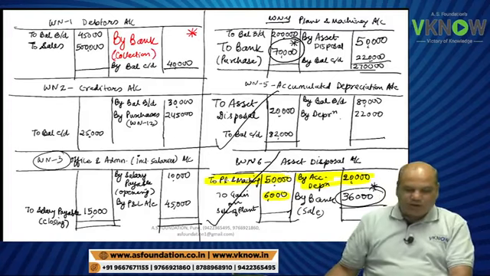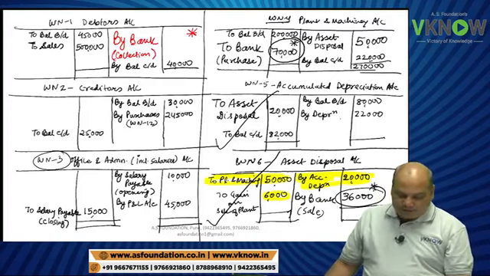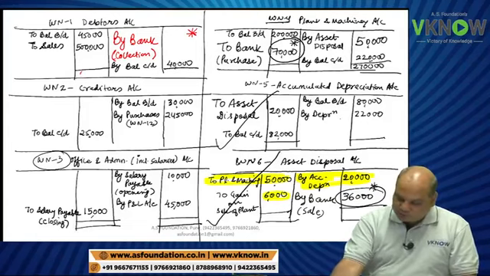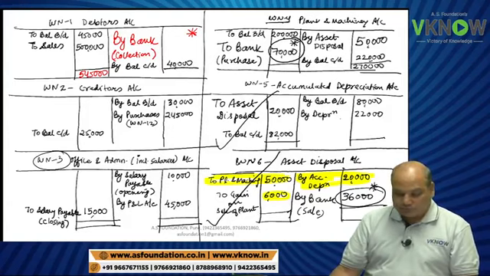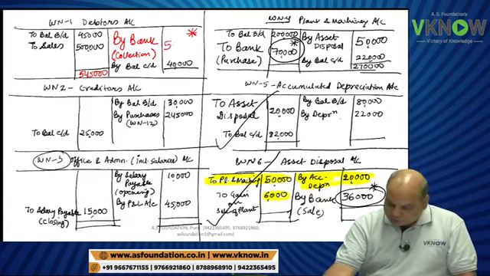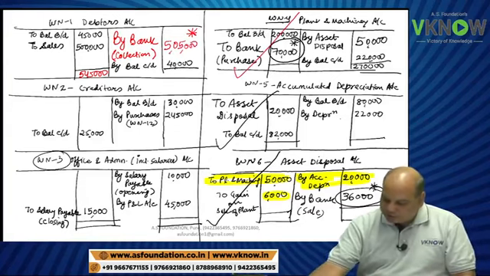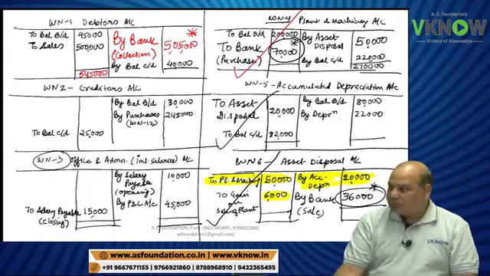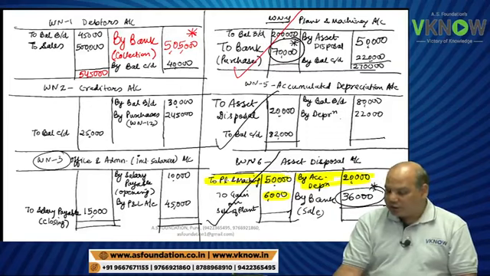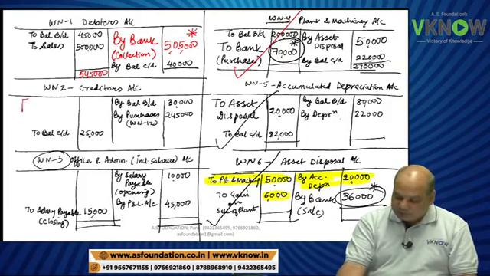Come on, students. Take debit side total first. 5,45,000. Now minus 40,000. So that will give you 5,05,000. Is it 5,05,000? Yes. Creditor account debit side is missing.